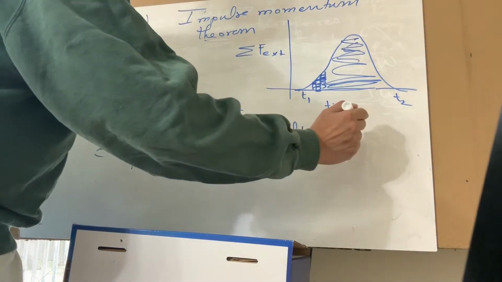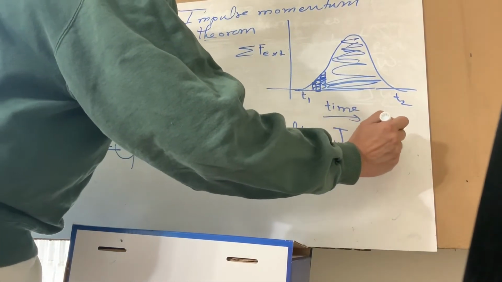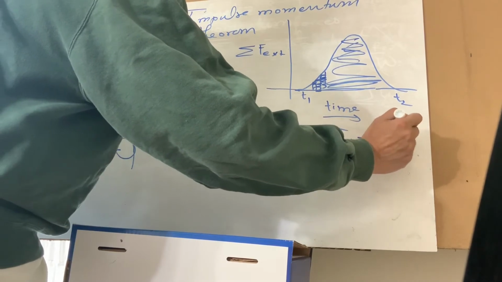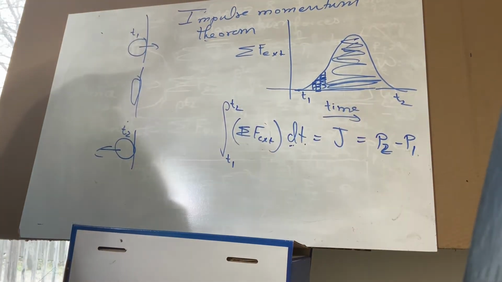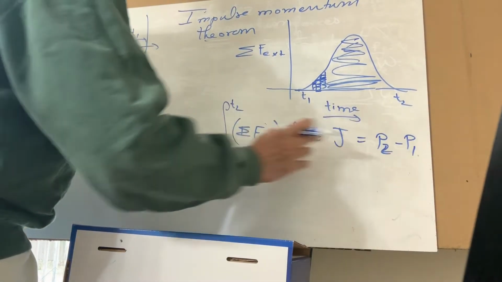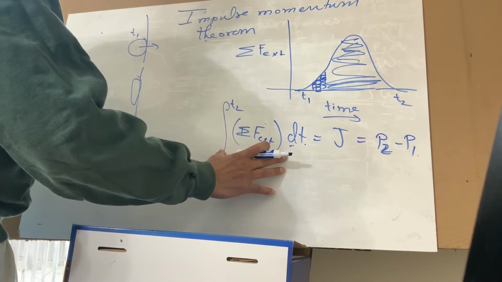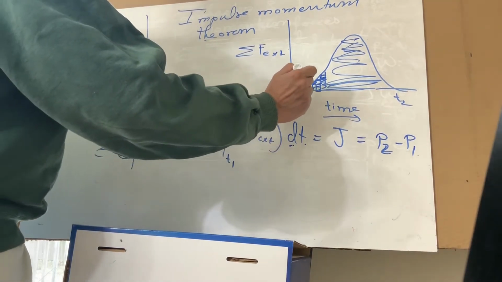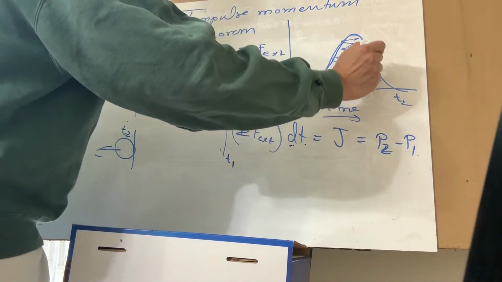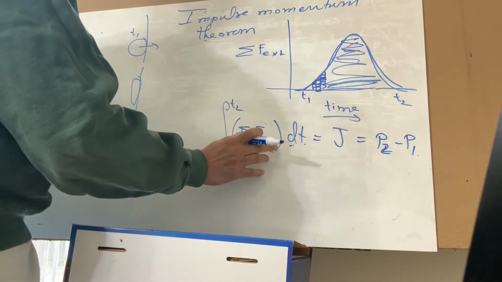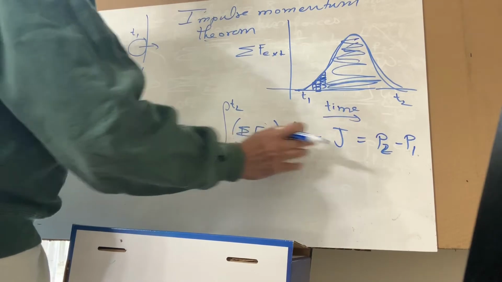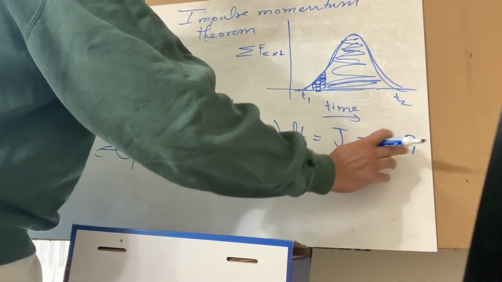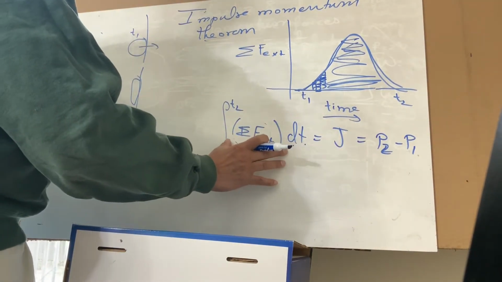And this is equal to what? P2 minus P1, the momentum after minus the momentum before, mass times velocity. This integral is very difficult to find, because the force changes, and you don't know the function unless it is properly defined. But I can find the momentum, and that's the beauty of the impulse momentum theorem.